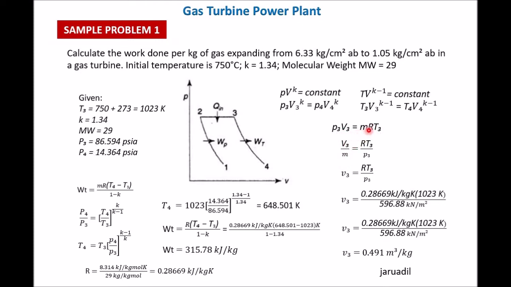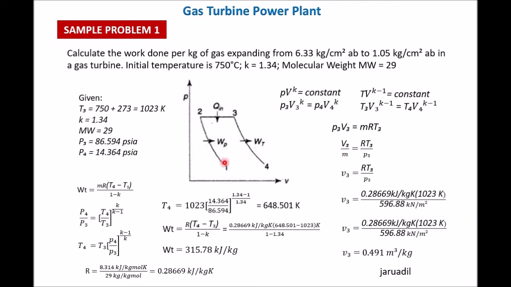So since unit mass tayo, di ba, walang mass. So walang mass na given, yung M dito, ilalagay mo lang siya dito sa ibaba, right? And yung P3, ilalagay mo dito. Kung makikita nyo, yung V3 over M, M here is constant ang value niyan.